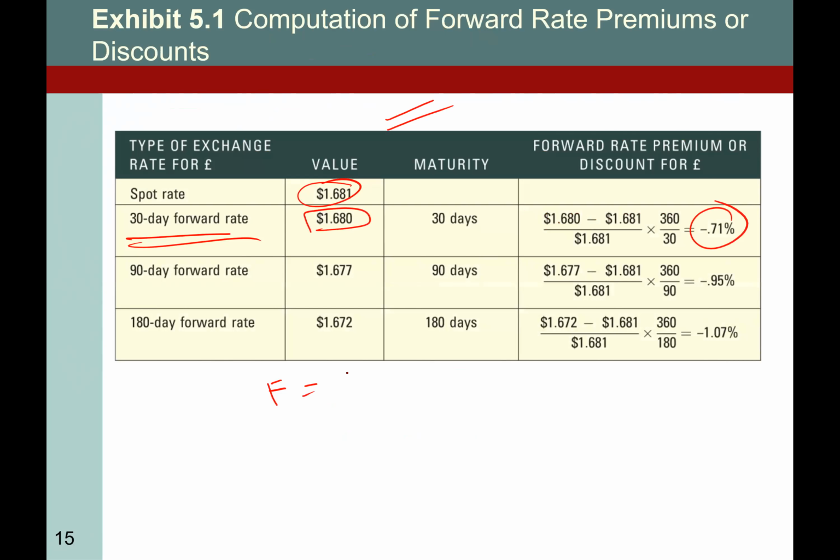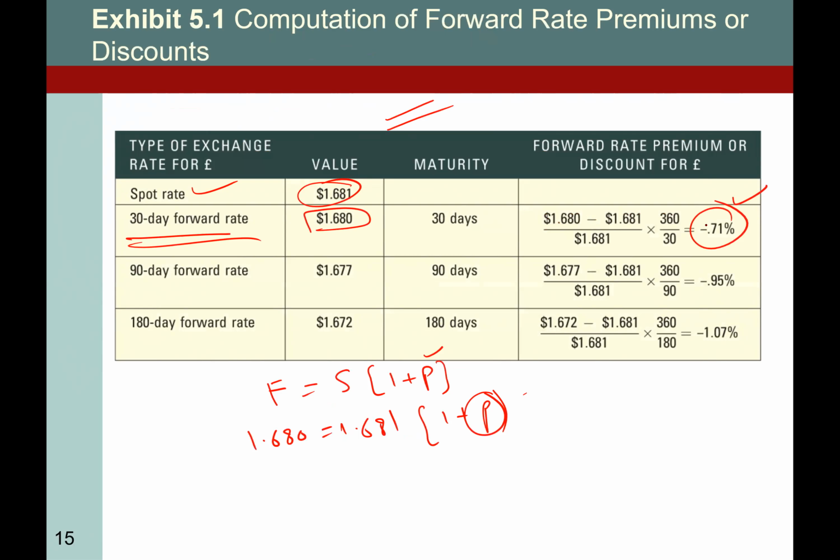Formula is forward is equal to spot into 1 plus premium, right? And if we want to find out this premium, can we do that? Forward is 1.680, spot is 1.681, 1 plus P. Can you find out P? If you find out this P would be negative 0.71.